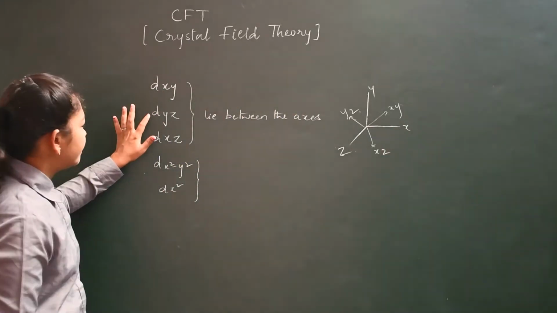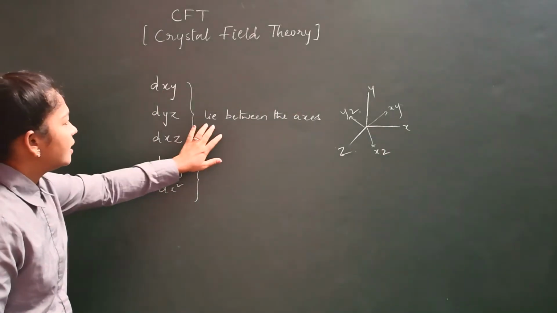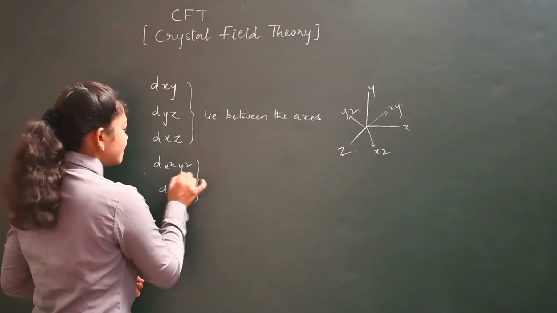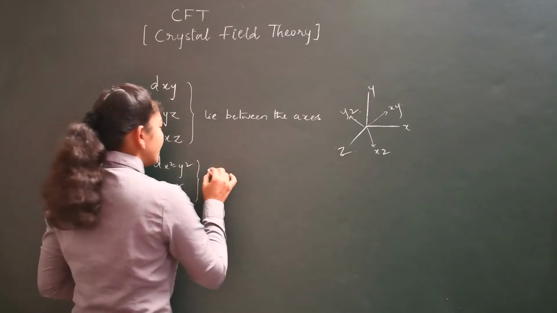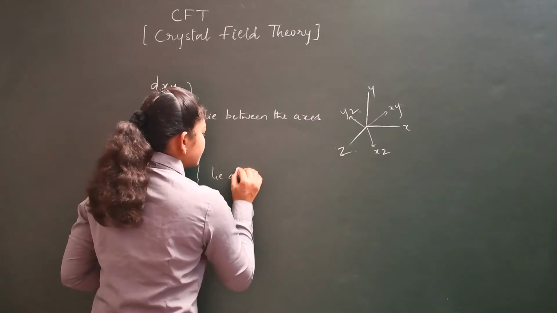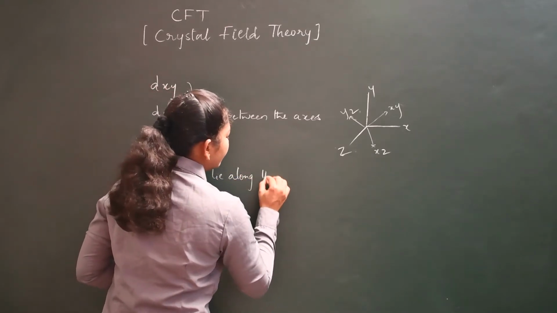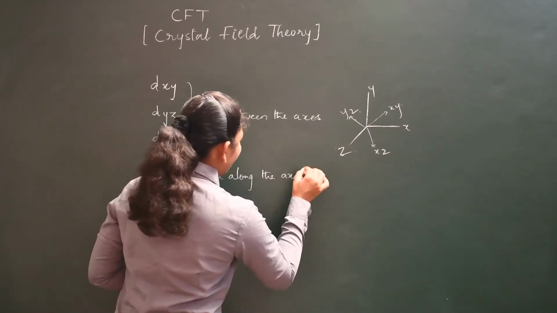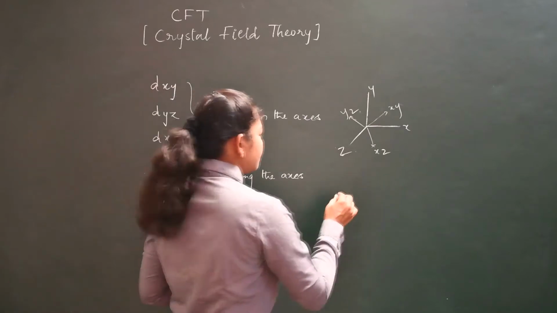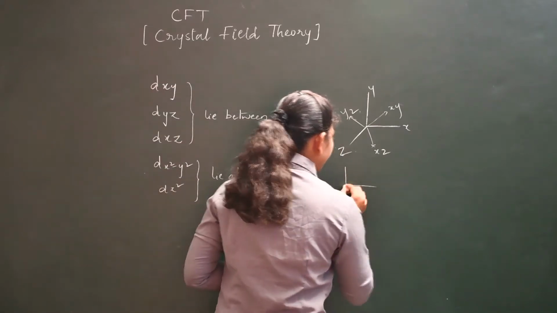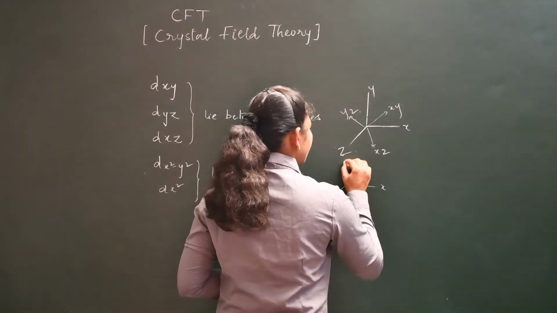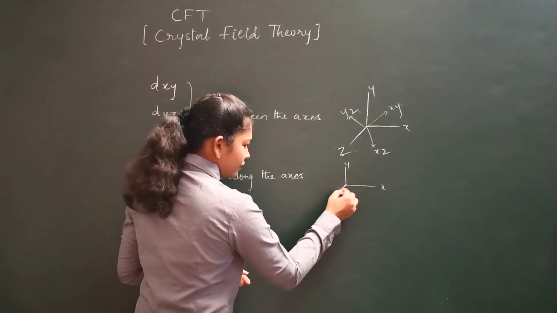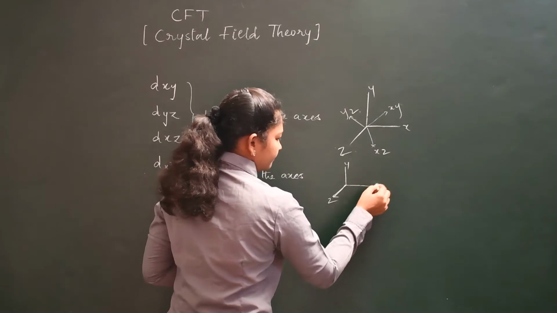So dxy, dyz, dxz lie between the axes, and dx square minus y square and dz square lie along the axes, or on the axes.